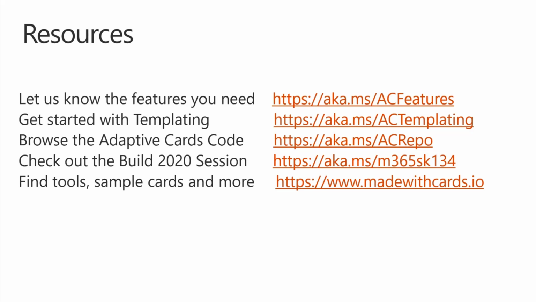All the things we are working on with adaptive expressions and templating and input validation and all that, that's not going to work with C# objects. So you have to use templating to get that working properly. If you're still building adaptive cards in code as objects, you're pretty much missing out on a lot of new features.